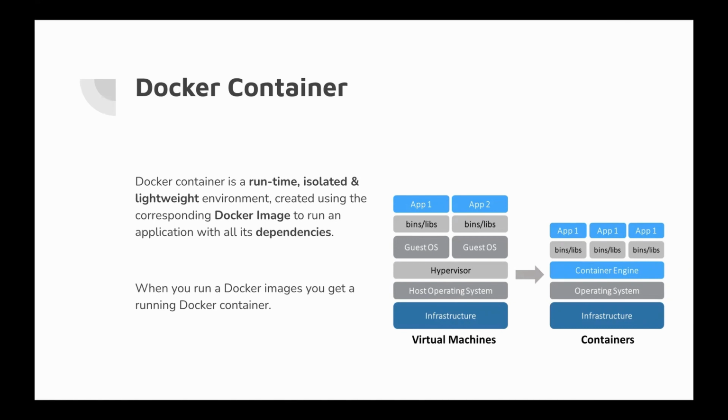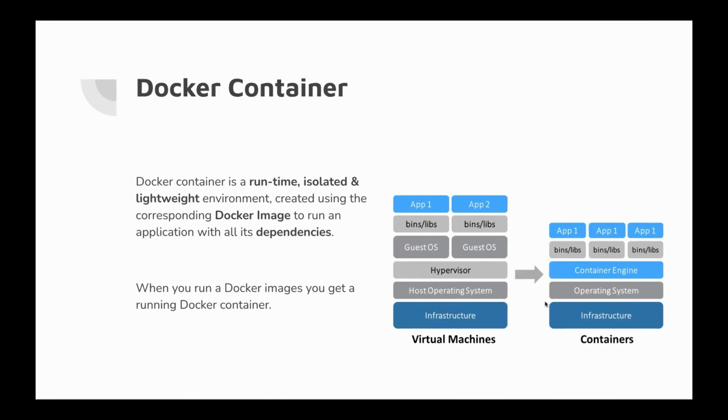So that checks out: every container has a corresponding Docker image to run an application with all its dependencies, because those dependencies will be present in the Docker image itself. You can see the difference between how virtual machines and containers work. We have infrastructure and an operating system on both sides. Here we have a hypervisor and here we have a container engine.